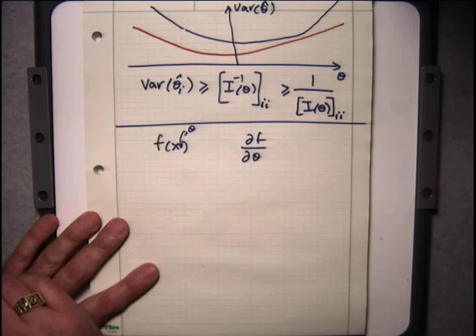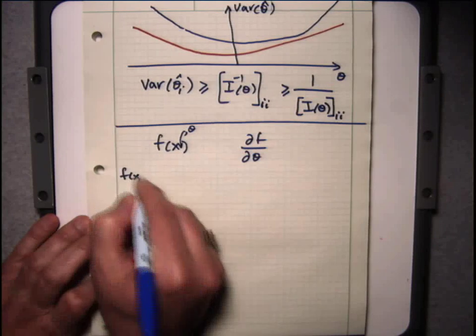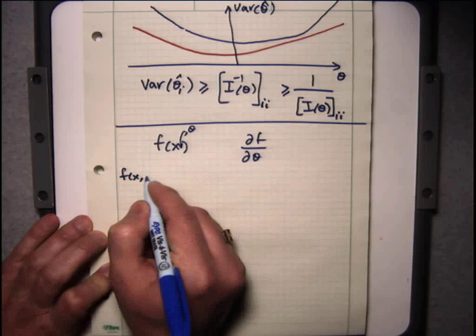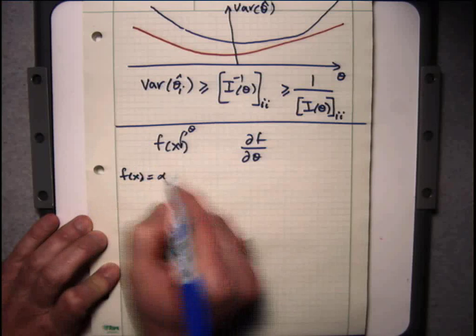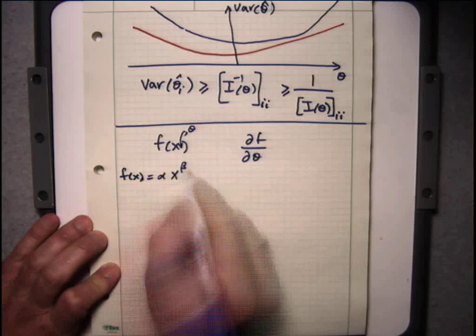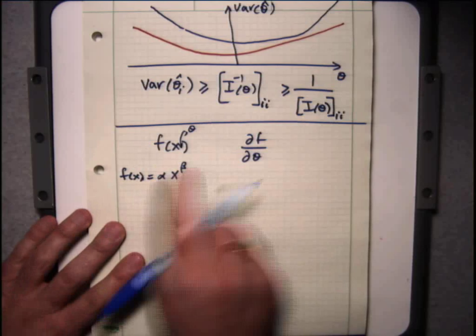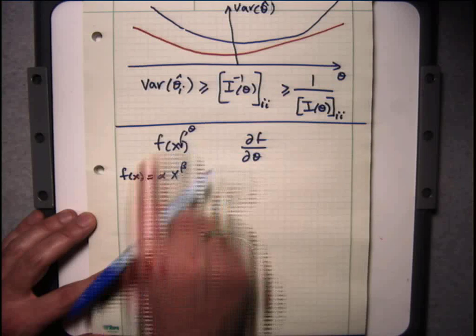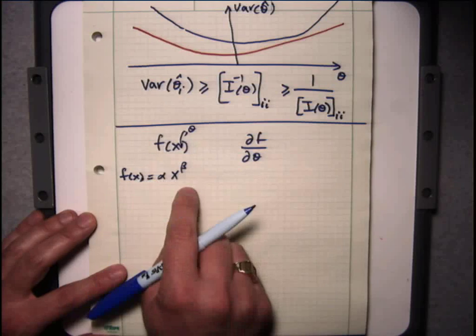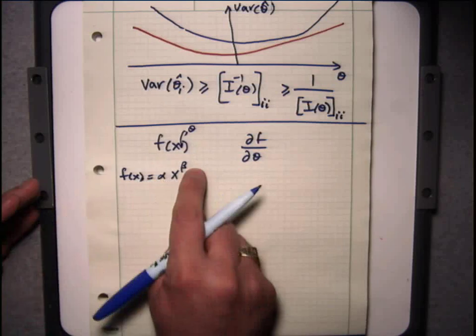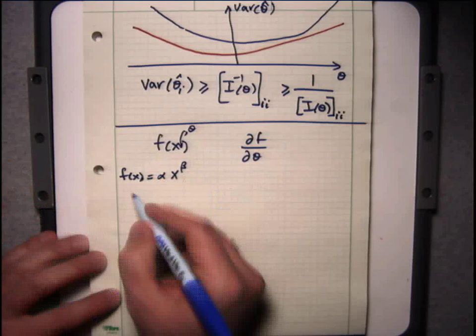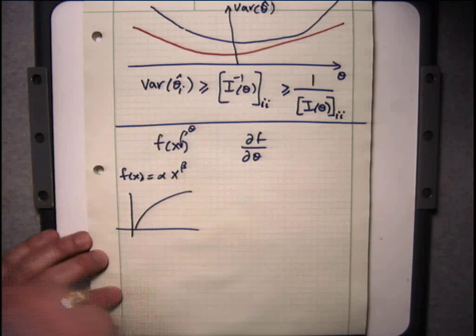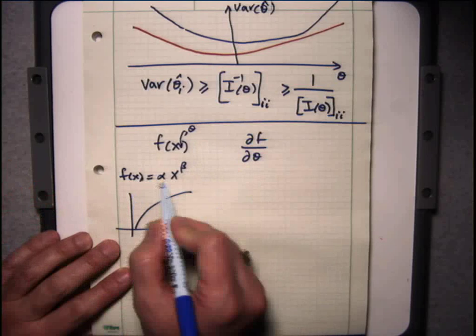So here's one example. Let's say I write f of x is alpha x to the beta. Now I have two parameters, alpha and beta, and I'm wondering, if I plot this function for some fixed alpha and beta, it might look like that, right? Now what would happen if I change alpha?